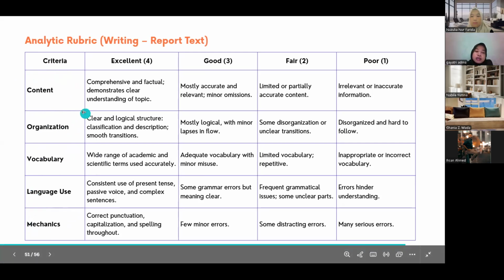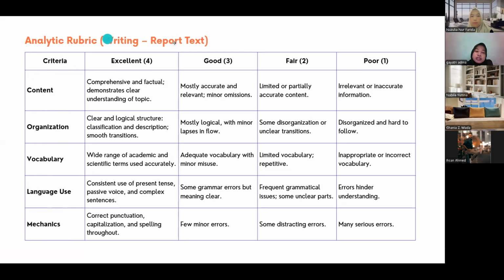And the levels are 1, 2, 3, 4: excellent, good, fair, and poor. We can read our students' tasks, look at the students' works, and assess the content, organization, vocabulary, language use, and mechanics.